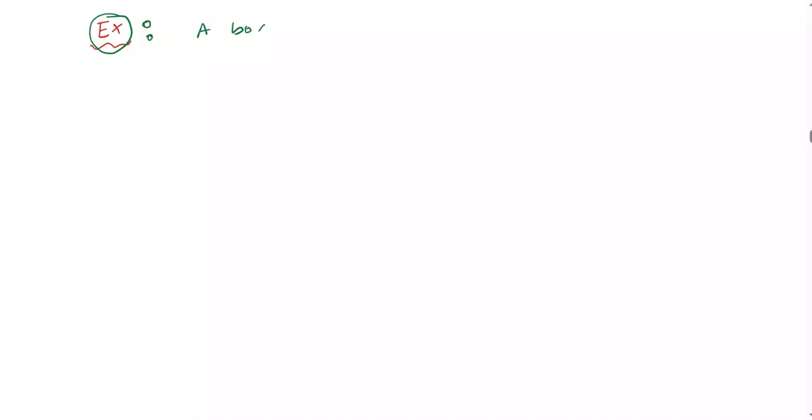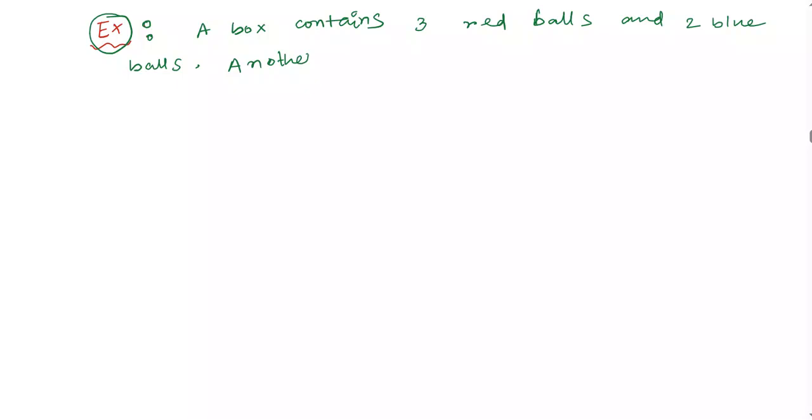A box contains, try to understand my example, 3 red balls and 2 blue balls. Another box contains 4 red balls and 6 blue balls.